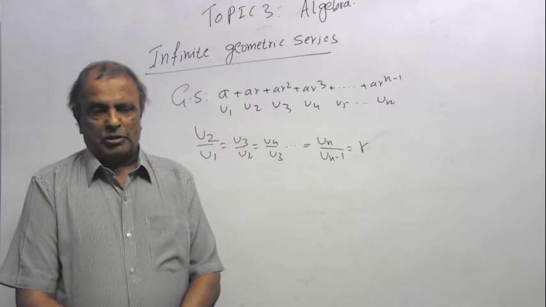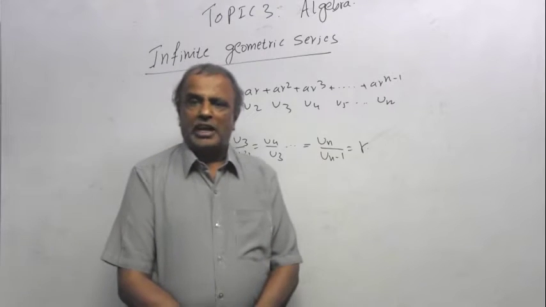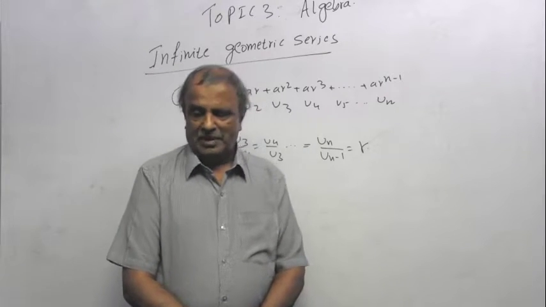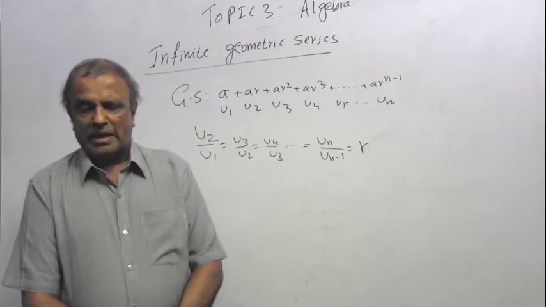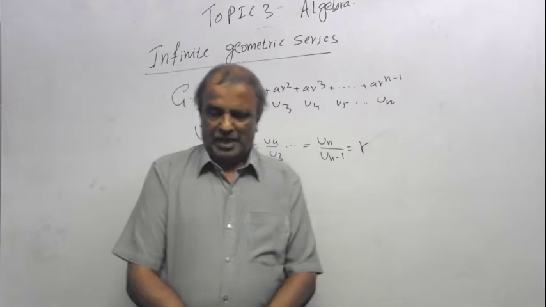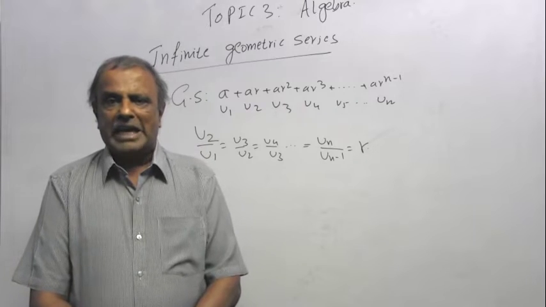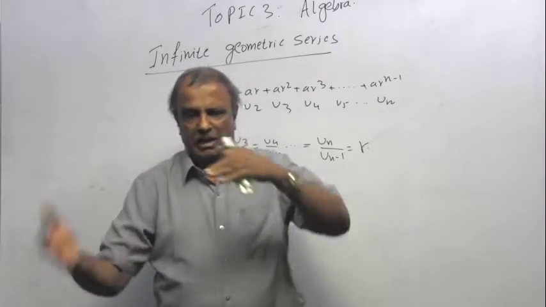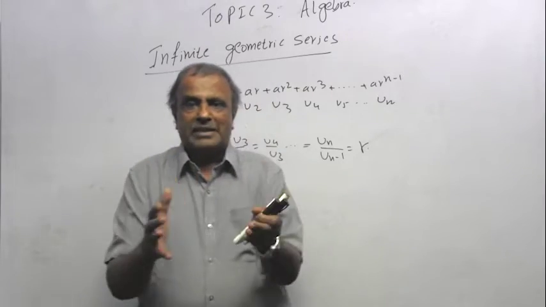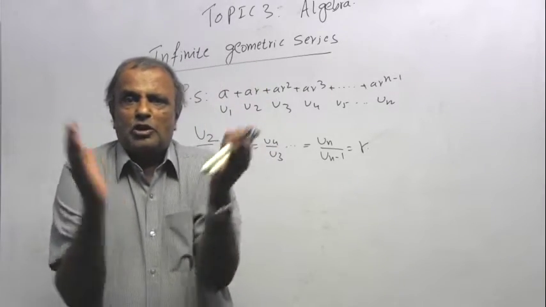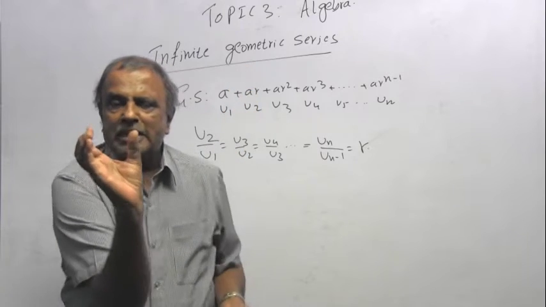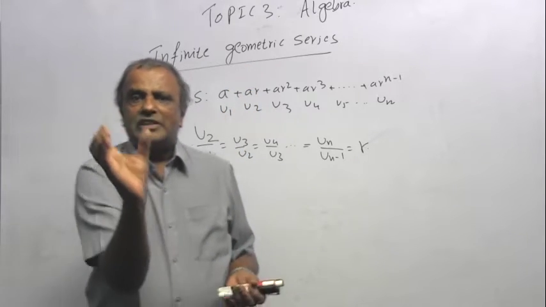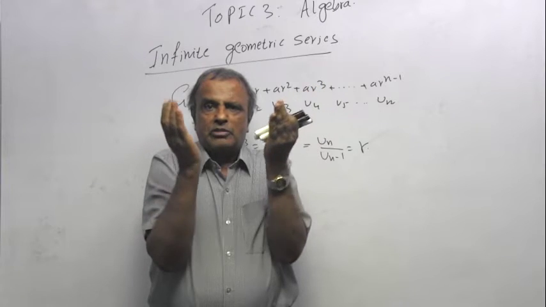Again by minus 0.2, plus 16 over 10,000, minus 32 over 100,000, plus 64 over a million. So what is happening? It's going plus and minus and plus and minus, but the absolute value, the modulus of the term ar to the power n, the nth term, is becoming smaller and smaller.